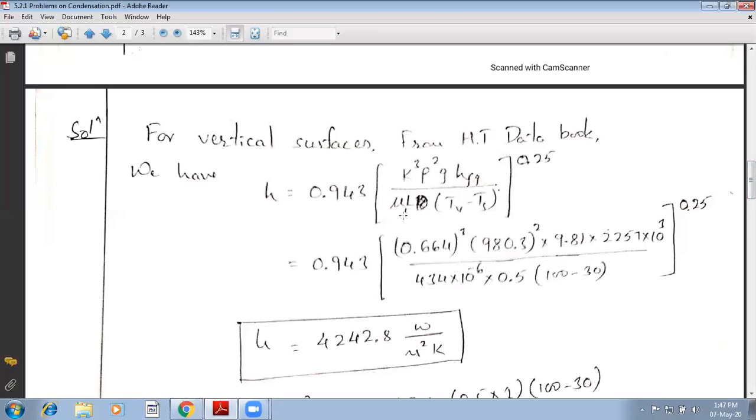Mu is dynamic viscosity, L is length or the height as it is a vertical surface. TV is vapor temperature, Ts is surface temperature.